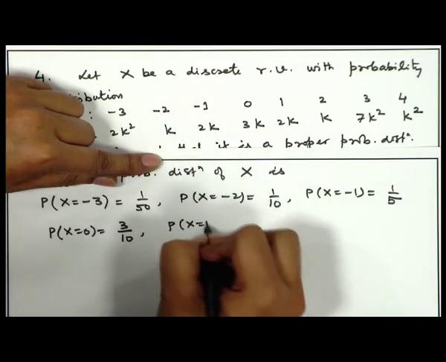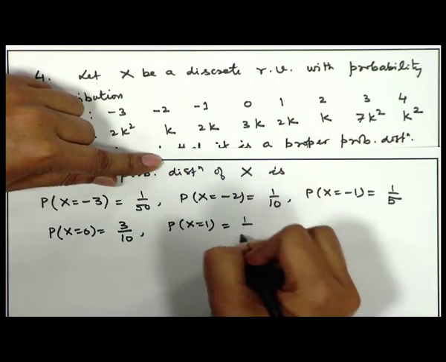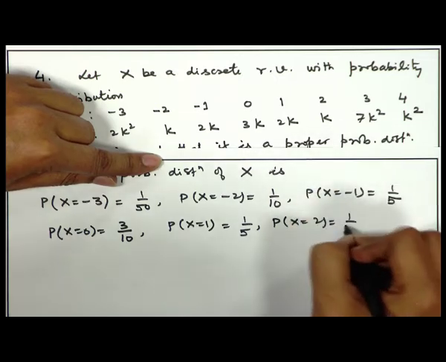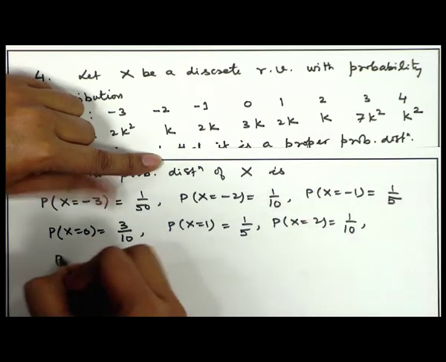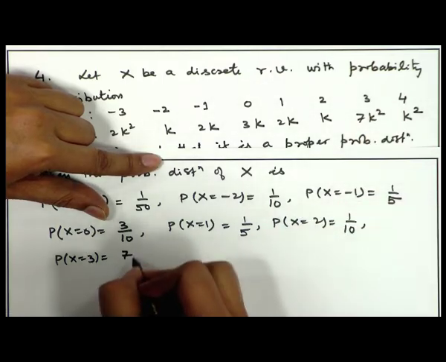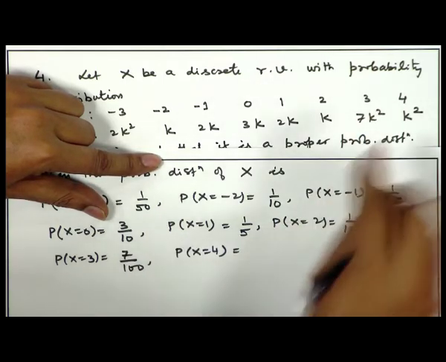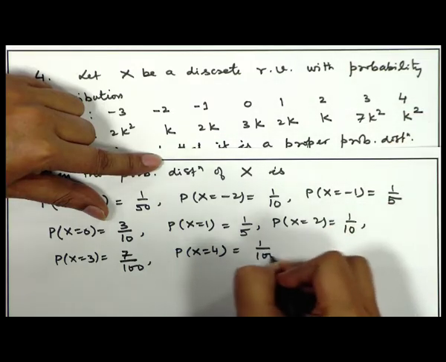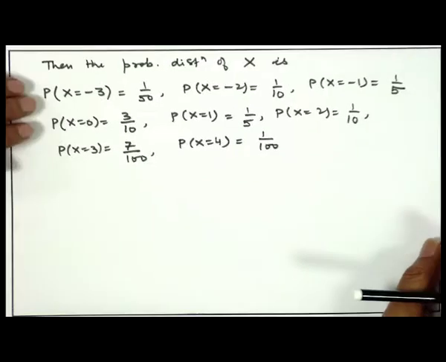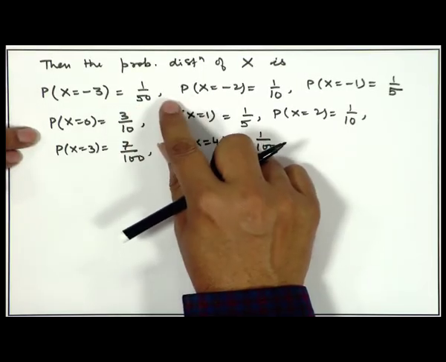Probability x equal to 1 is 2 into 1/10, that is 1/5. Probability x equal to 2 is k, that is 1/10, and probability x equal to 3 is 7k², that becomes 7/100, and probability x equal to 4 is k², that is 1/100. So, we have obtained the probability distribution of x.